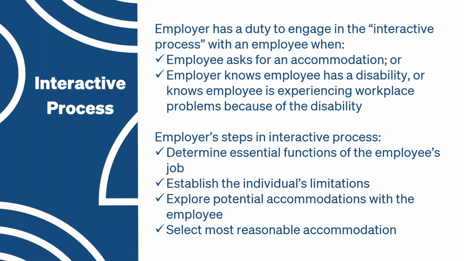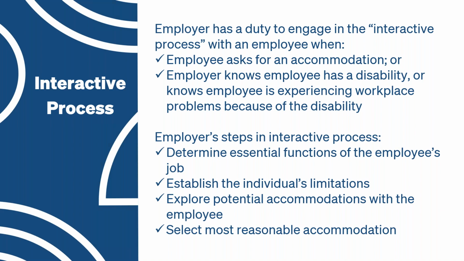And so once you're aware that you have an employee who has a disability or a medical condition that may be affecting their ability to perform the essential functions of their job, you have a duty to engage in the interactive process. Now, what triggers the interactive process?